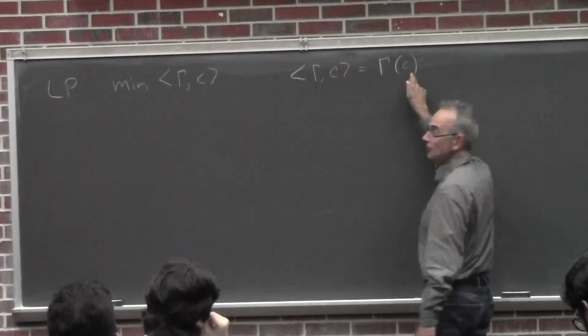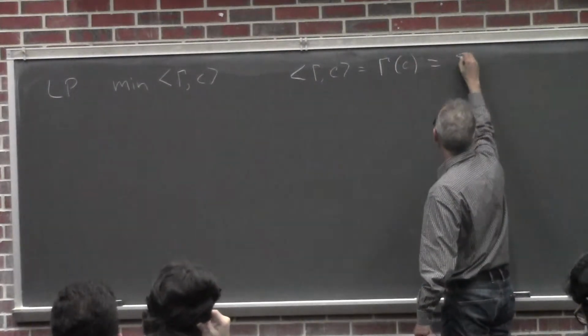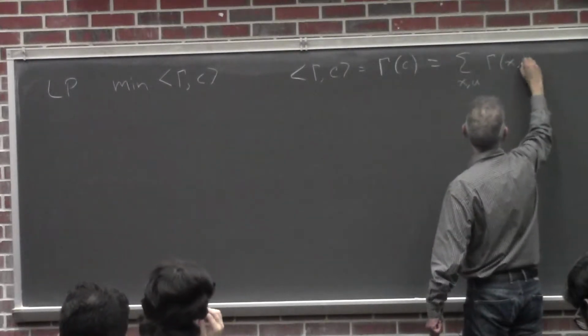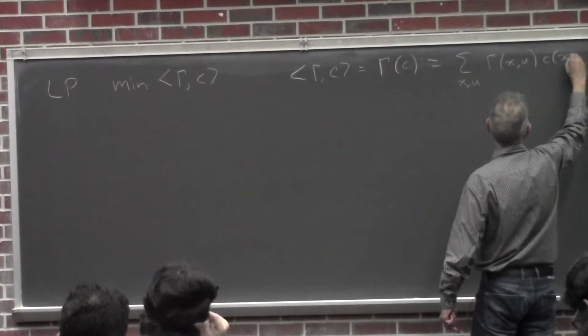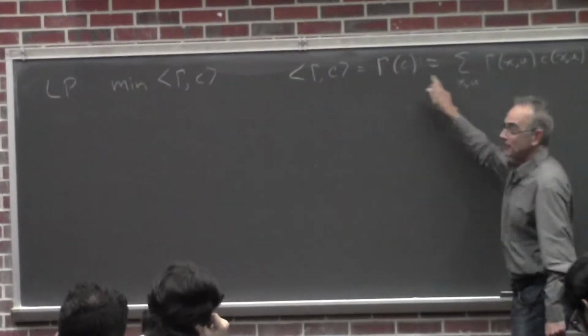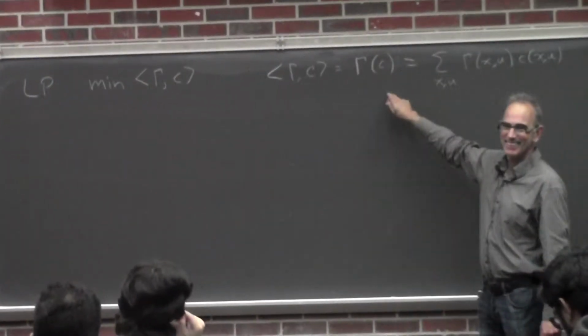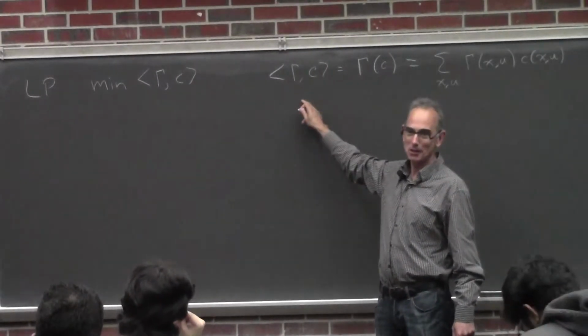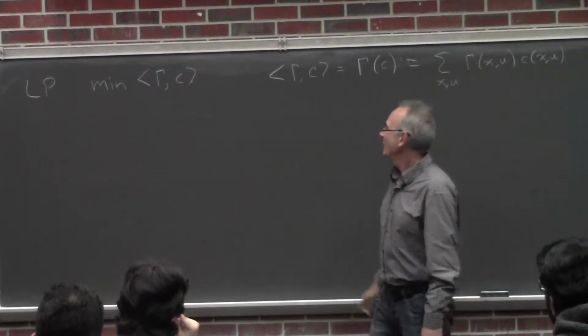I've used that notation, and I've used the dot product notation. Obviously, I do that to save chalk. And I do that in the notes just to scream that it's linear programming.